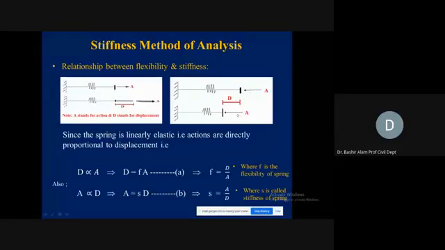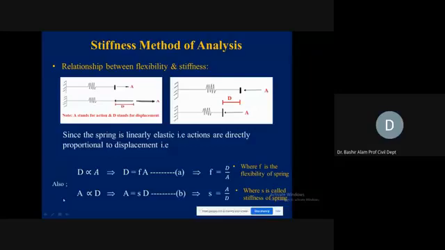A is applied and it is compressed by D. Again, A is directly proportional to D, or D is directly proportional to A. Since the spring is linearly elastic, that is, actions are directly proportional to displacement, we can write D is directly proportional to A, or D is equal to FA, or F is equal to D over A. So displacement produced by a unit action, which was the definition of the flexibility coefficient. So here F is the flexibility of a spring.